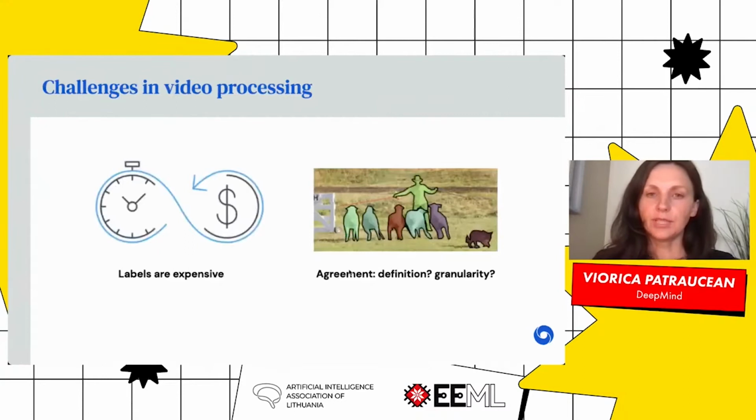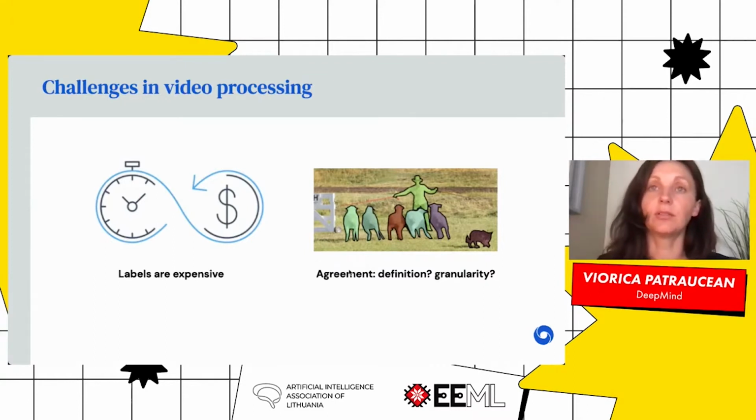Now we've seen these models. They achieve good accuracy on certain tasks on videos. However, there are quite a few challenges related to training such models and running them as well. First of all, going to supervised learning, the labels are of course expensive, and at the same time they can also be quite ambiguous sometimes.